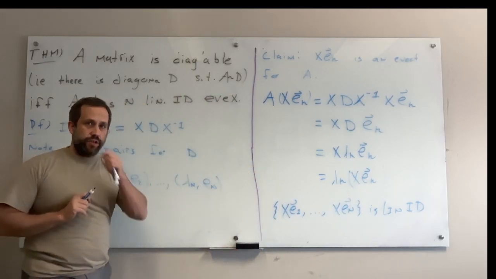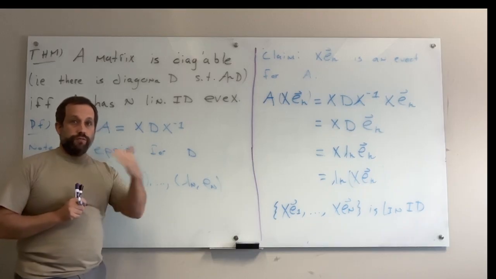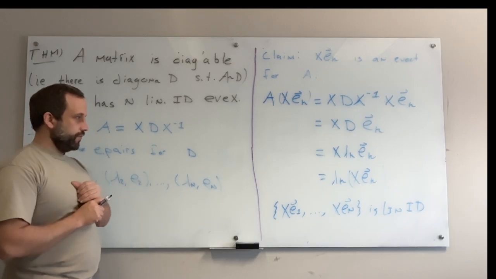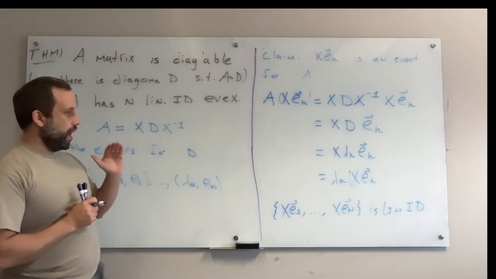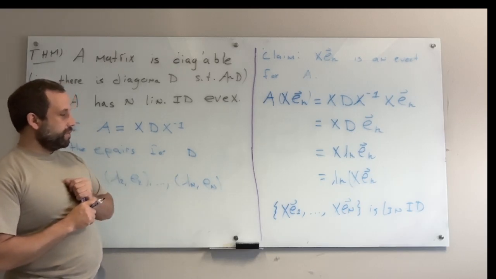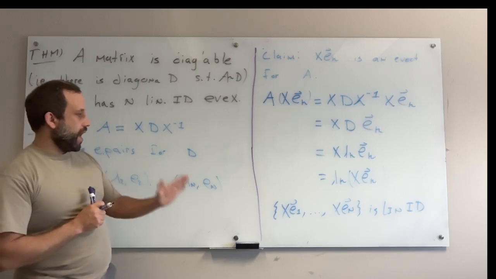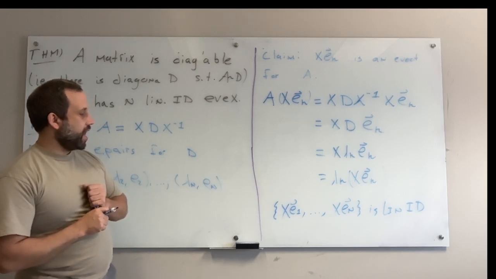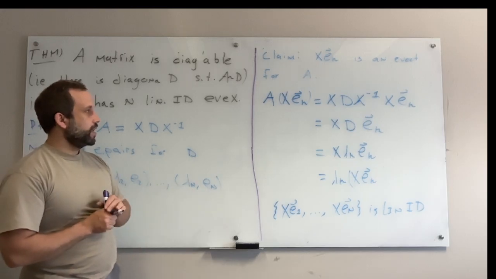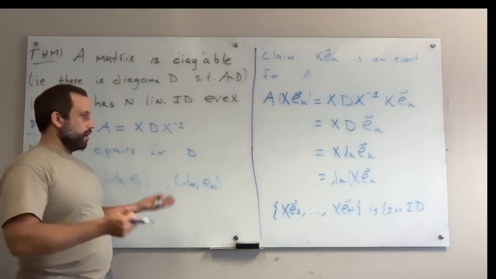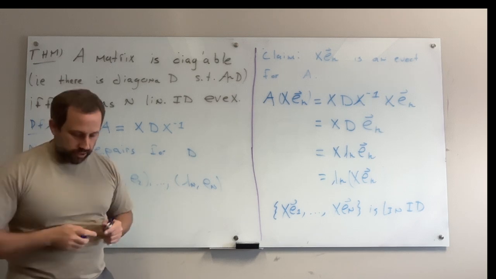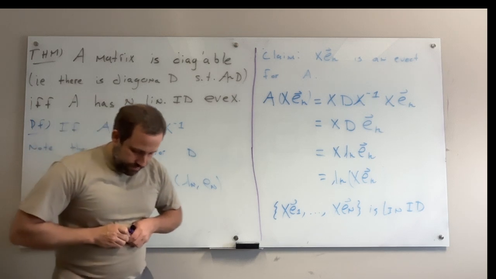That's a fact that you should prove for yourself. So each one of these, x e_k, is an eigenvector for A, and it's a linearly independent set, so therefore A has n linearly independent eigenvectors.